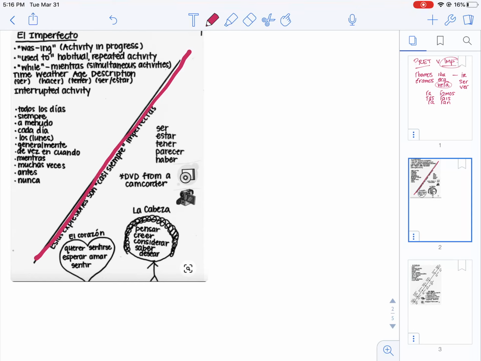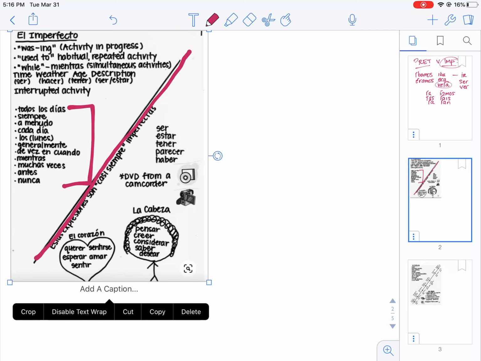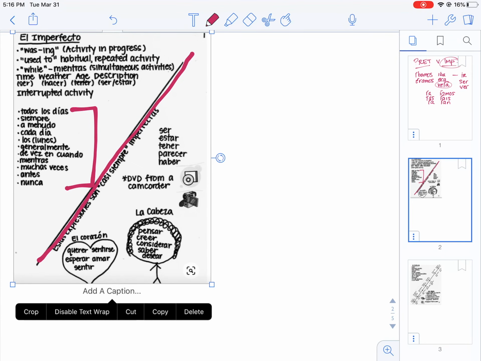So there's no beginning, there's no end. It's this repeated action, uninterrupted activity. These words here are those trigger words. So on your note sheet, some of you guys wrote things like todos los días, siempre was very popular. De vez en cuando, a lot of you guys also mentioned.